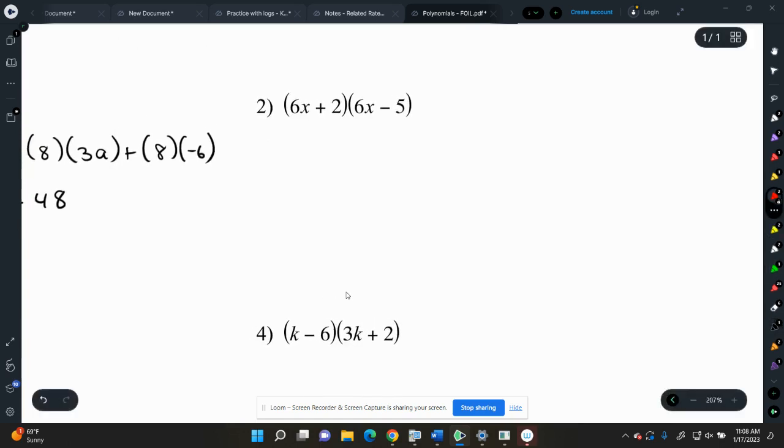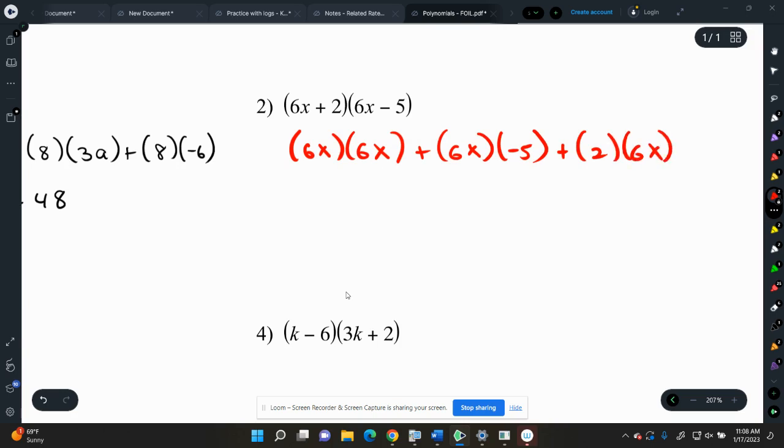Okay, number 2. We're going to do FOIL. So it's 6x times 6x plus 6x times negative 5 plus 2 times 6x plus 2 times negative 5.